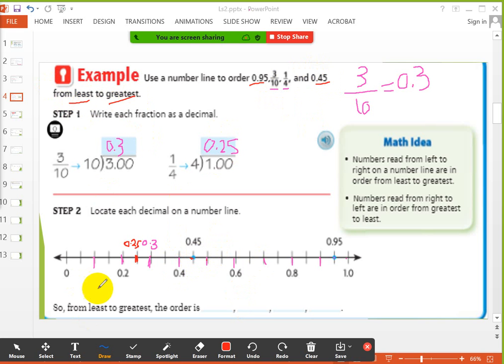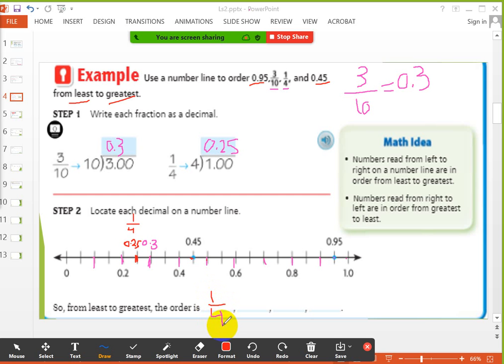Yes. From the number line, I know that this one is the least number, 0.25, and this one is the greatest number, 0.95. But 0.25 is what? 0.25 is 1 over 4, right?